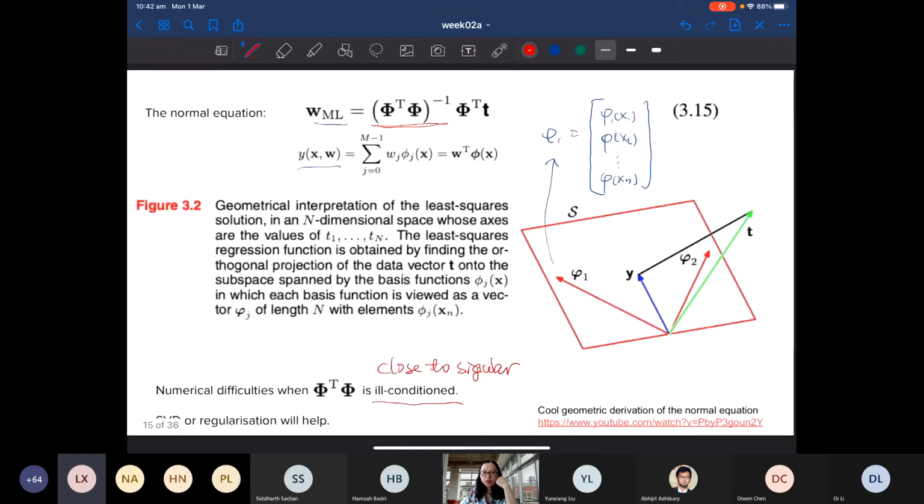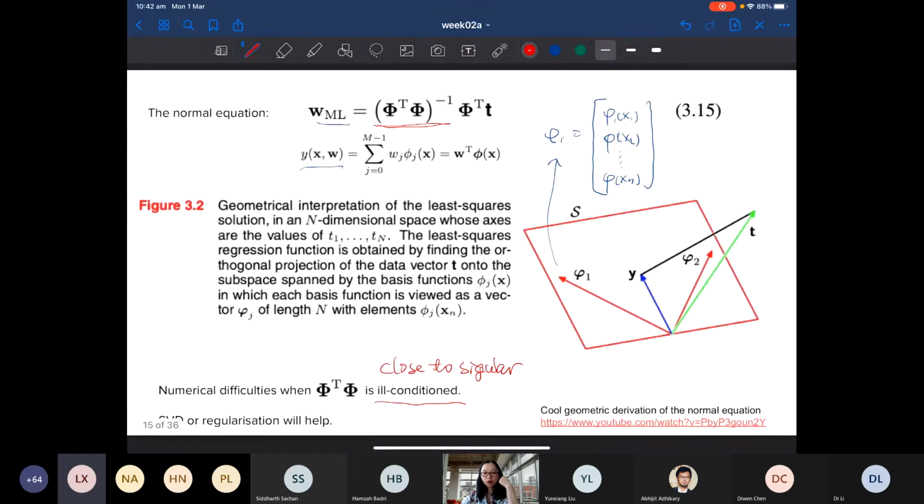I would just add a footnote to this maximum likelihood for regression section. What we just covered here is called batch learning. In this day and time, you almost surely would have heard of it if you have looked into neural networks. The reason it's called batch is that these phi vectors encode all the input, all n data points, and we're solving for one value of w involving all input.